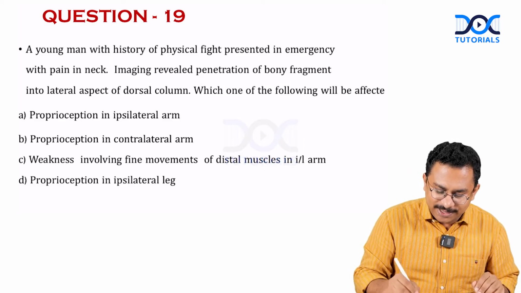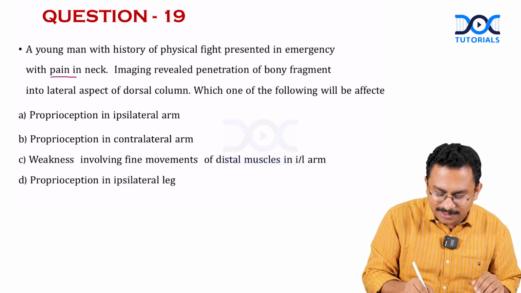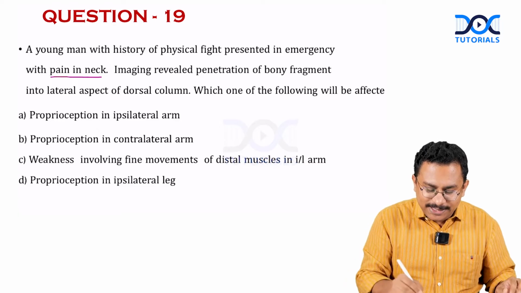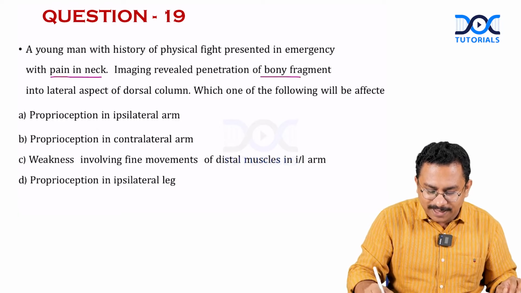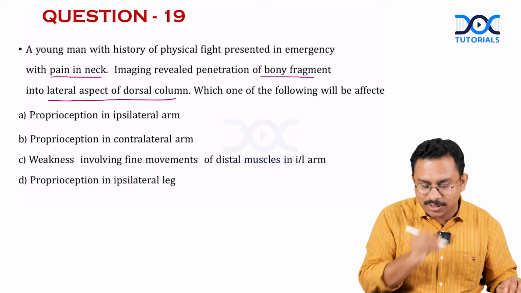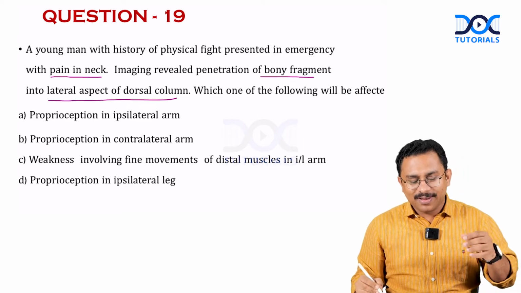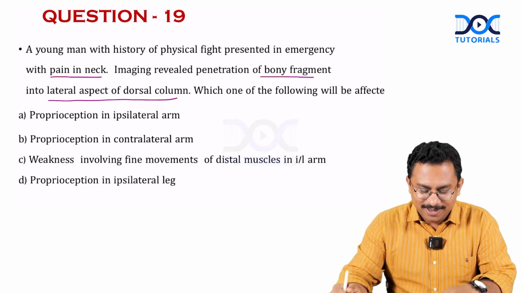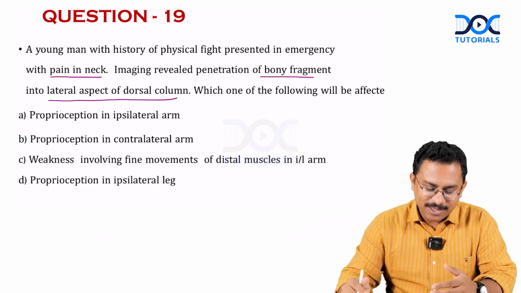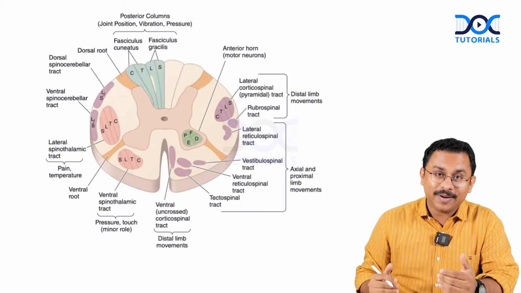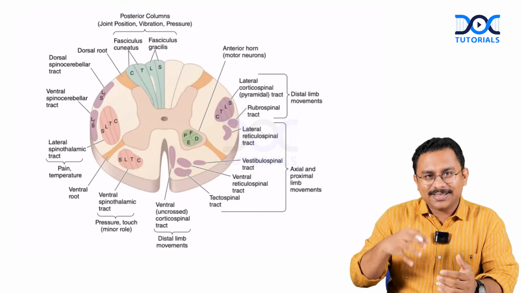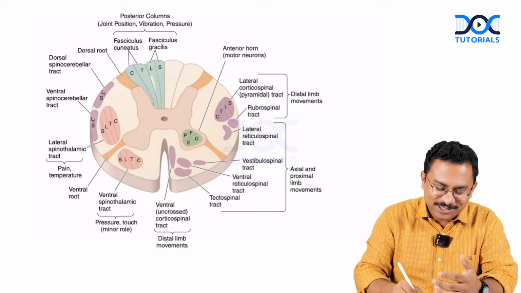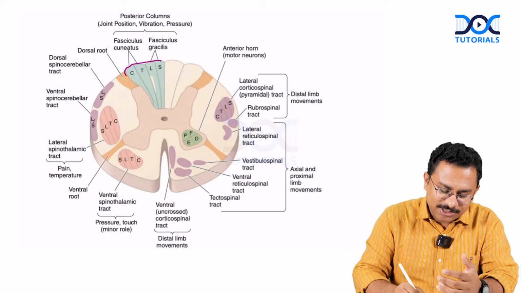The patient is having pain in the neck. So the trauma was in the neck, and imaging reveals a bony fragment in the lateral aspect of the dorsal column. Indirectly they are asking you which anatomical structure is there, or the lamination. If you see this picture from Harrison on the various structures in the spinal cord, just focus only on the dorsal column.